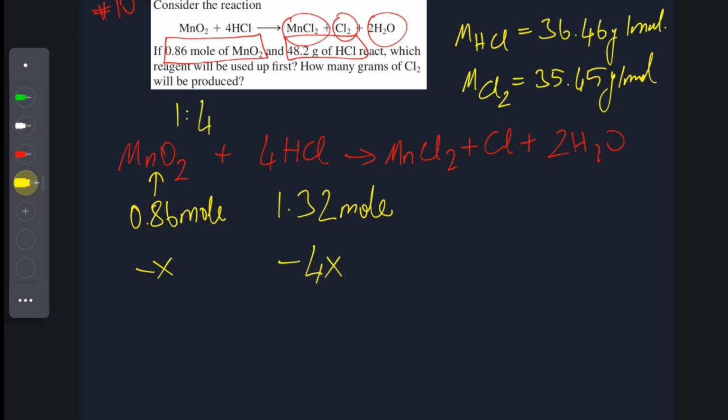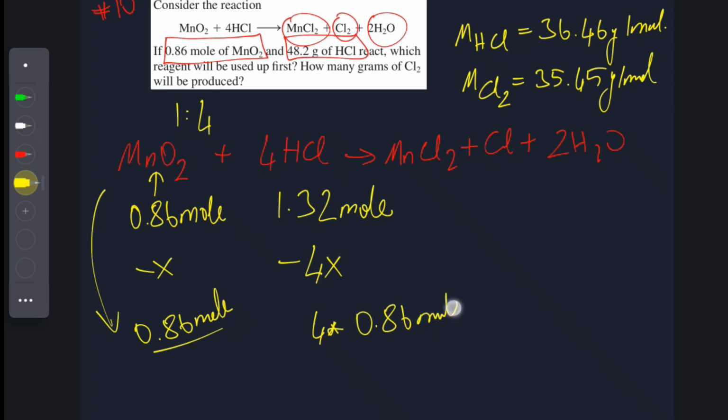And I am sure that HCl depletes more, since if 0.86 mole depletes from the manganese oxide, then 4 times 0.86 mole should be depleted from the HCl, and it is not possible. Therefore, our limiting reagent is HCl.